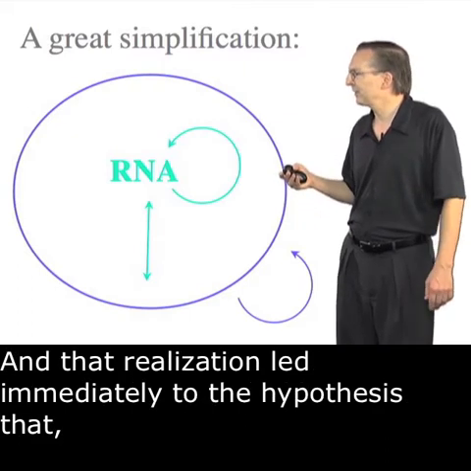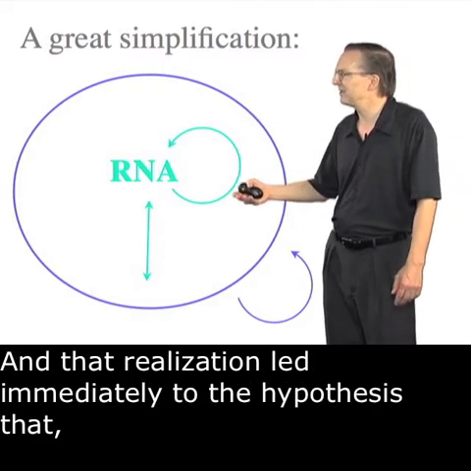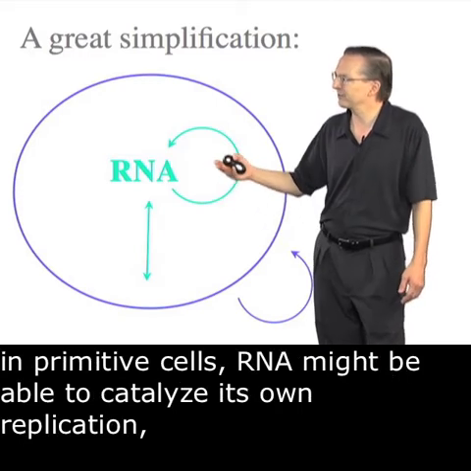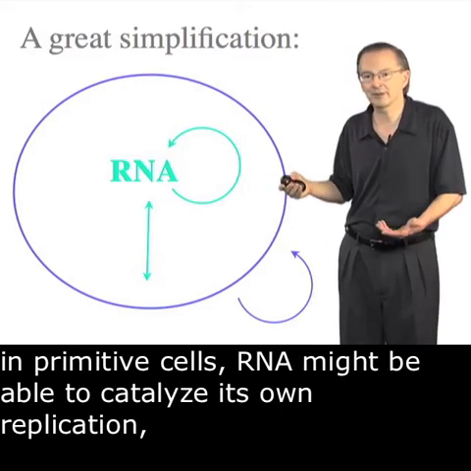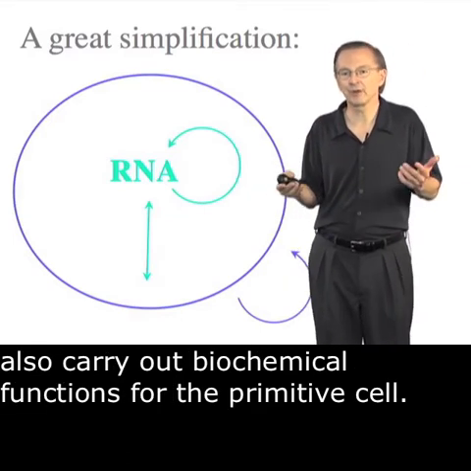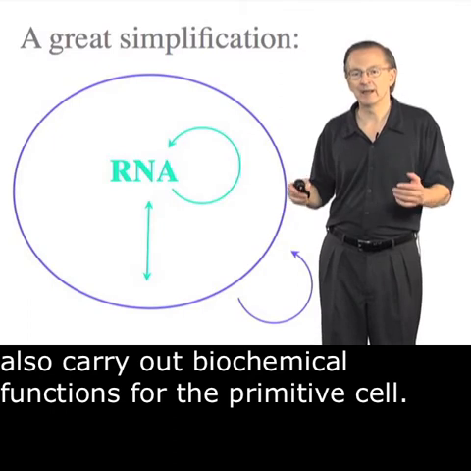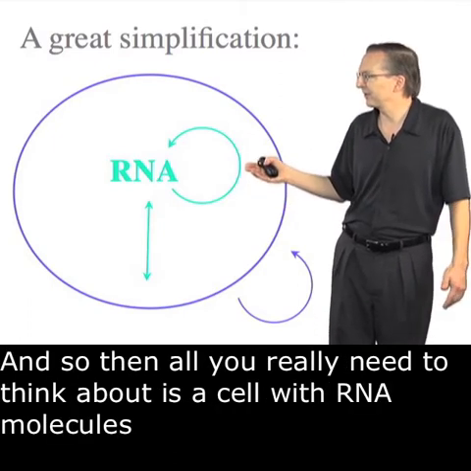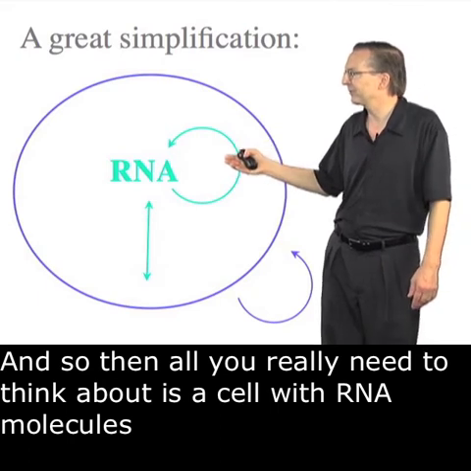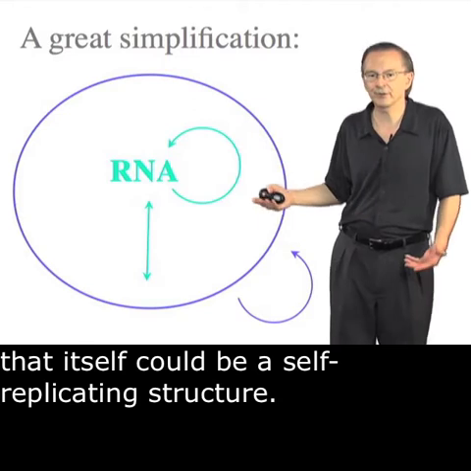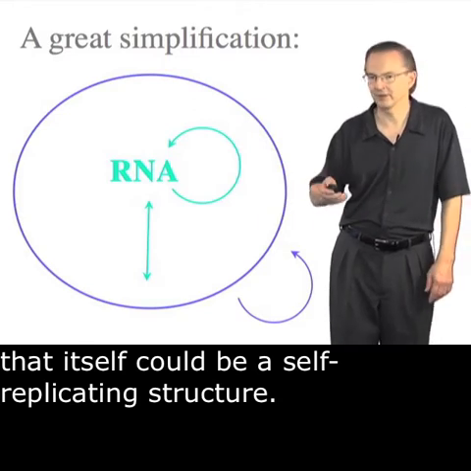And that realization led immediately to the hypothesis that in primitive cells, RNA might be able to catalyze its own replication, also carry out biochemical functions for the primitive cell. And so then all you really need to think about is a cell with RNA molecules encapsulated within some kind of primitive cell membrane that itself could be a self-replicating structure.